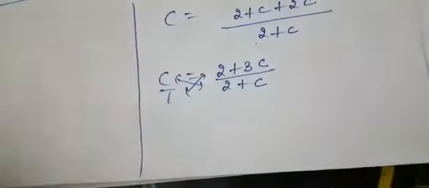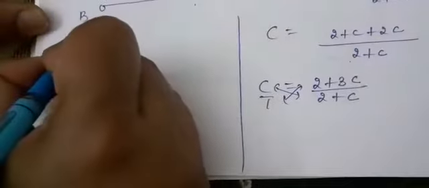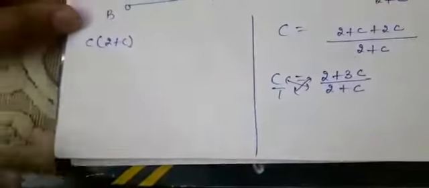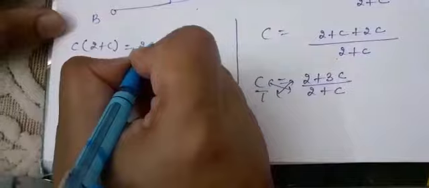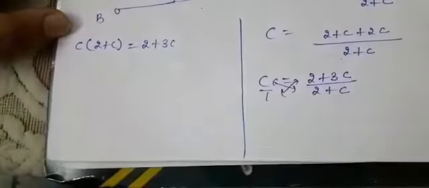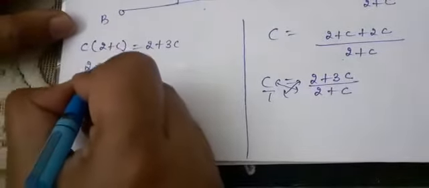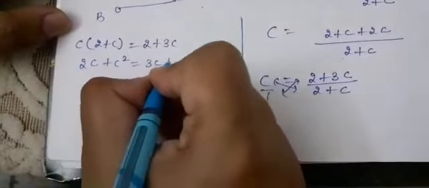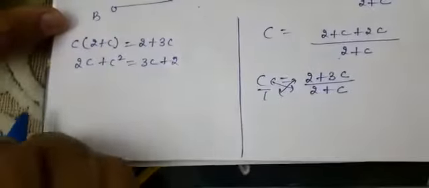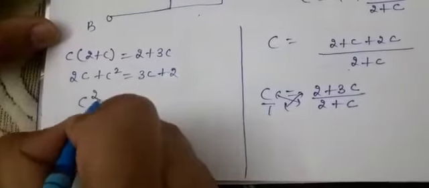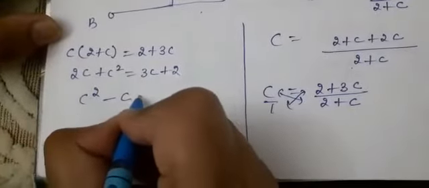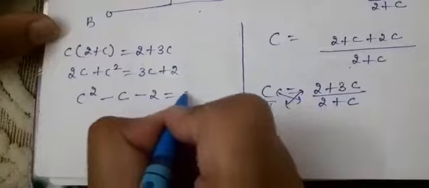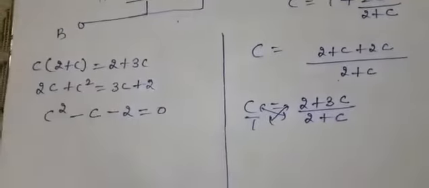This is C into (2 plus C) equal to 2 plus 3C. So 2C plus C square equal to 3C plus 2. Rearrange: C square minus C minus 2 equal to 0. This is the equation we are getting.